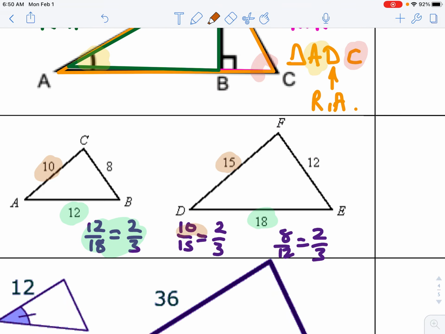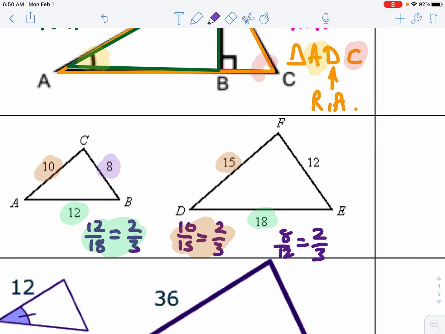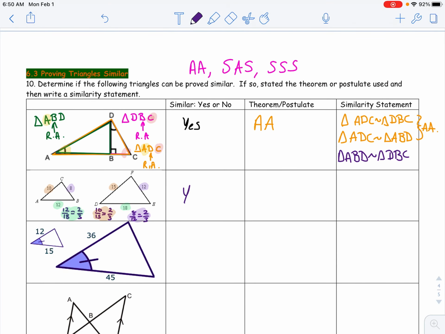Matched them up, simplified them, it's all 2/3. When that's the case, yes, they are similar. The answer is yes, by side, side, side. And then the similarity statement will be triangle ABC is similar to triangle DEF.